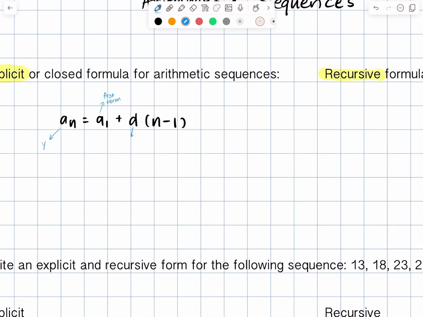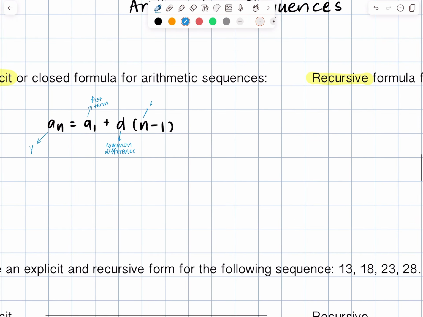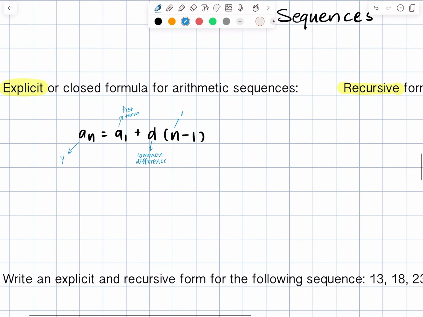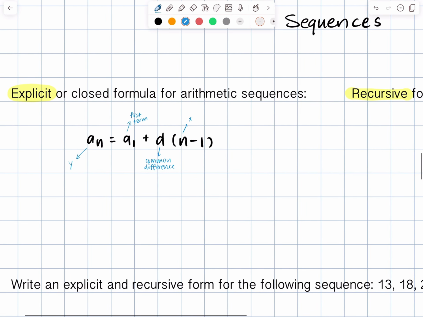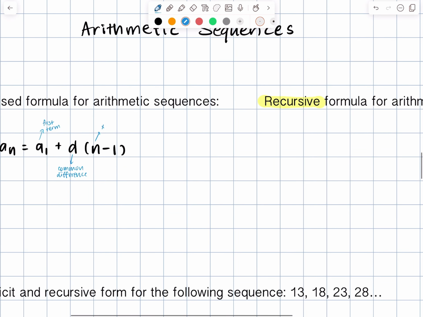D is your common difference or your slope. And then n is your x value, the term number. And then minus 1. That's it. So this is our explicit formula for the arithmetic sequence.